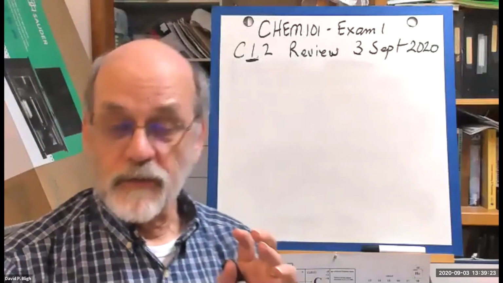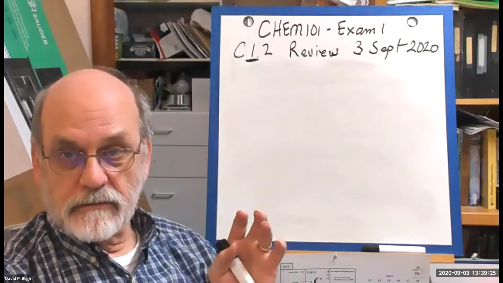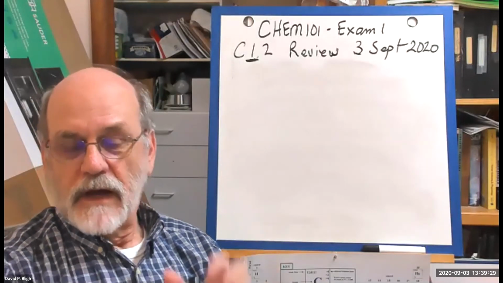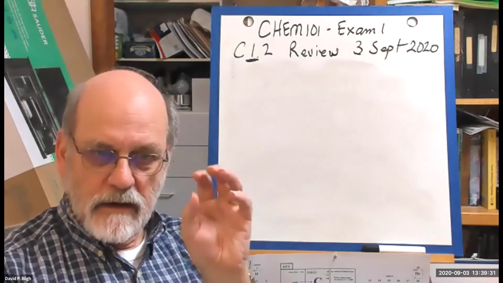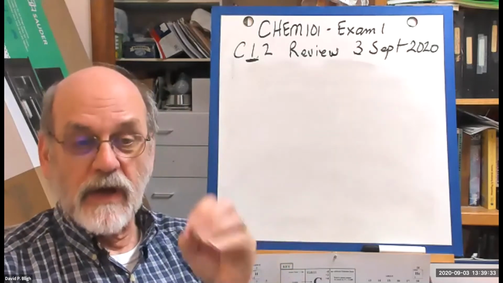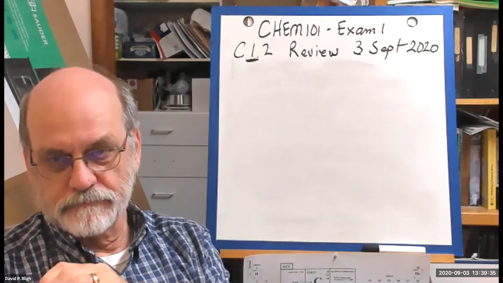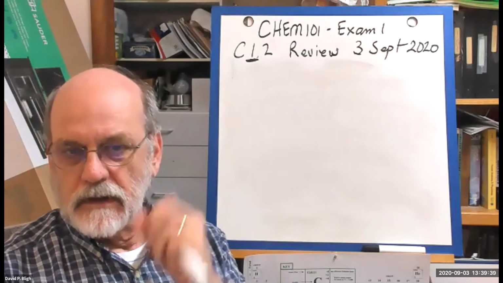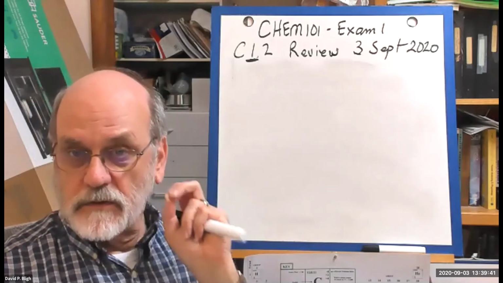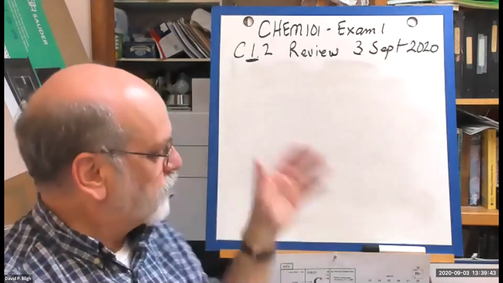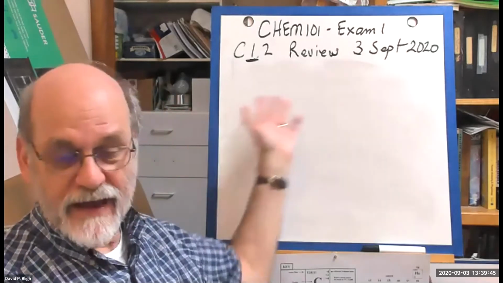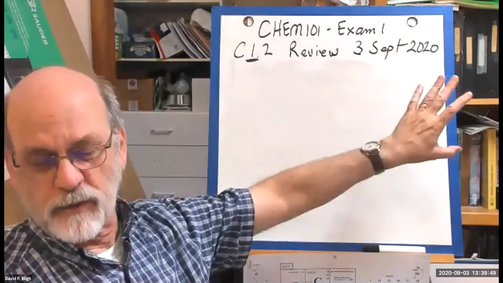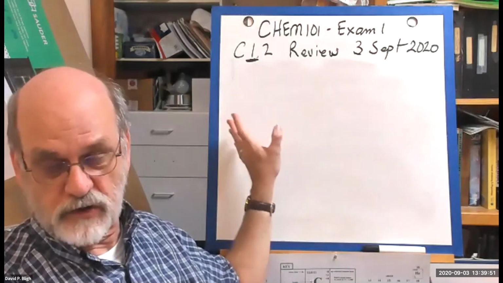There are two rules, remember, for significant figures. You have the multiply-divide rule, and you have the add-subtract rule. The multiply-divide rule is simple. You multiply or divide all the factors, and in your answer, keep all the decimal places that your calculator gives you.